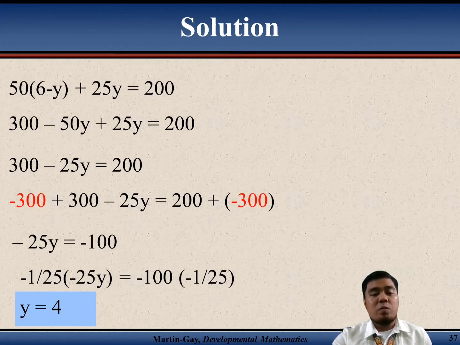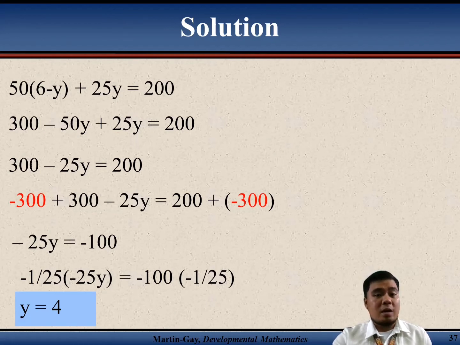Right after that, I will divide by negative 25 so that y will be left, or I will multiply by negative 1 over 25. Multiplication property of equality. So negative 100 times negative 1 over 25 yields y is equal to 4. So therefore, you have there the value of y, which is 4.